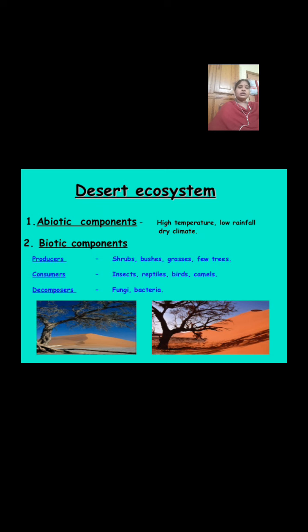So obviously we need decomposers. A special variety of bacteria and fungi will grow even in the desert at extreme climatic conditions, that is very hot climatic conditions. So the decomposers present in the desert are called thermophilic decomposers, because they are able to live at high temperature.